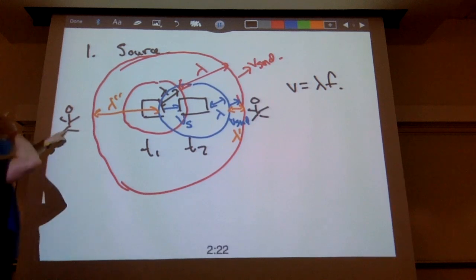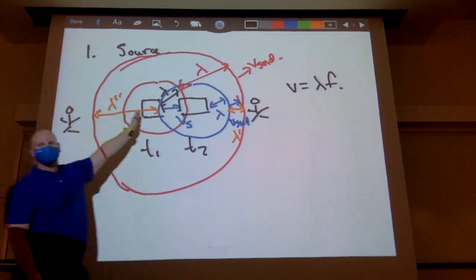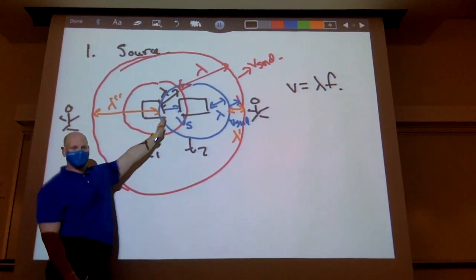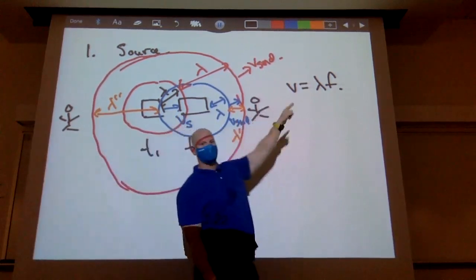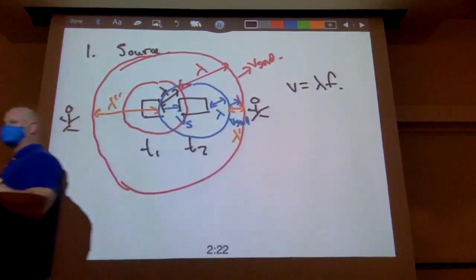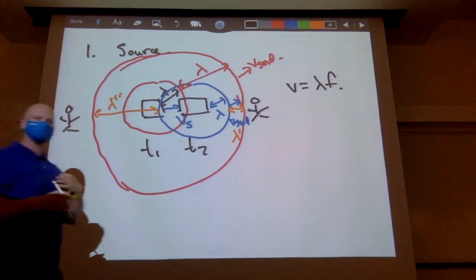The guy standing on this side gets this wave, but the second one comes much later than it should, so he's going to interpret that the wavelength is much greater. If I increase the wavelength, I then have to decrease the frequency, which means that as it's moving away from him, the frequency dips down. So he hears an apparent frequency that is different.